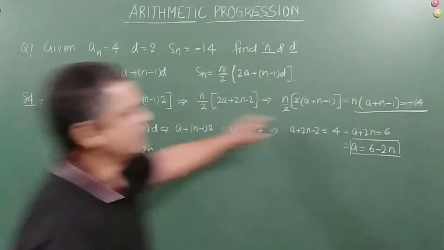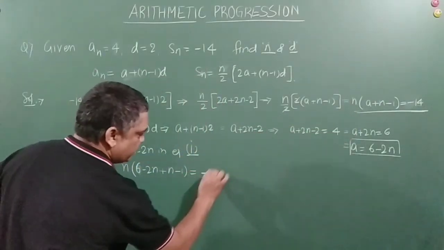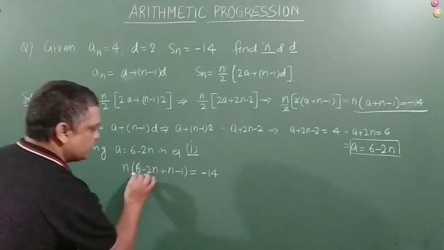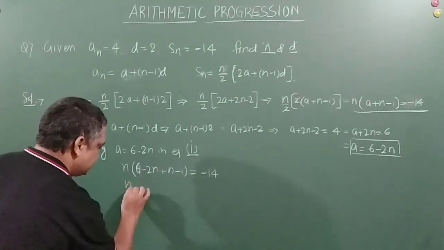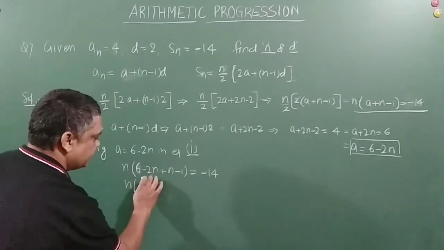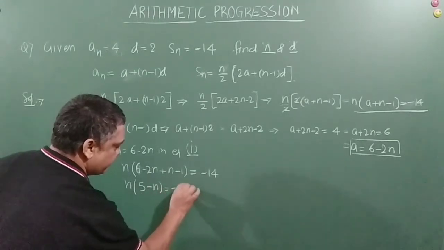I missed it out earlier, so this is equal to -14. You are getting my point? So this becomes how much, my friends? 6 - 1 is 5, and this is -n, so n(5 - n) = -14.